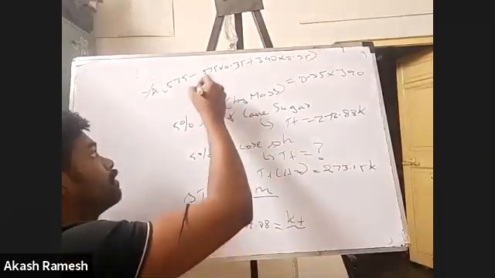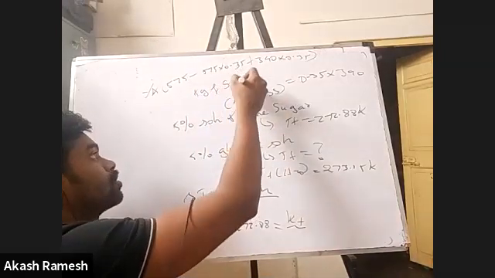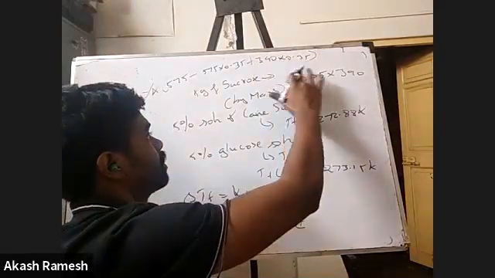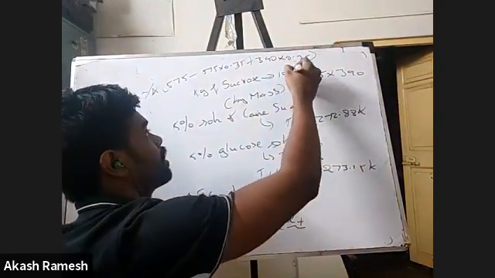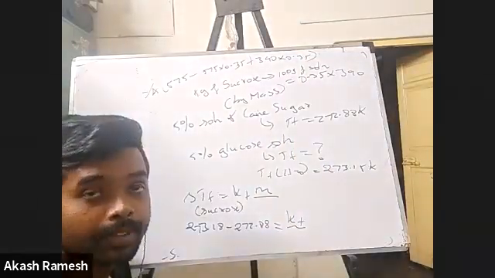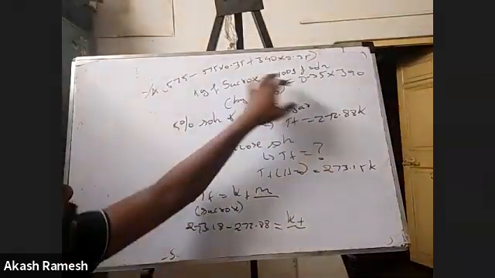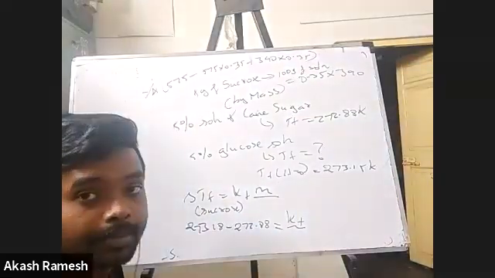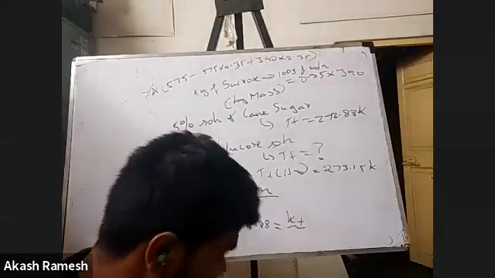That means 5 grams of sucrose is present in 100 grams of the solution. That's what it means, right? Okay.